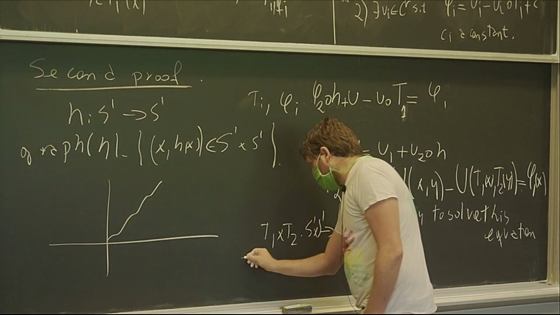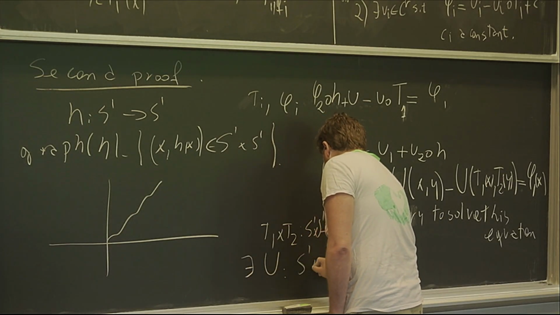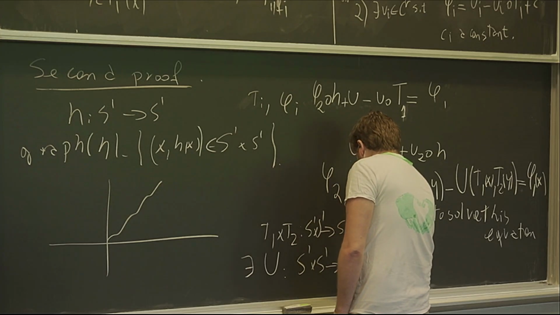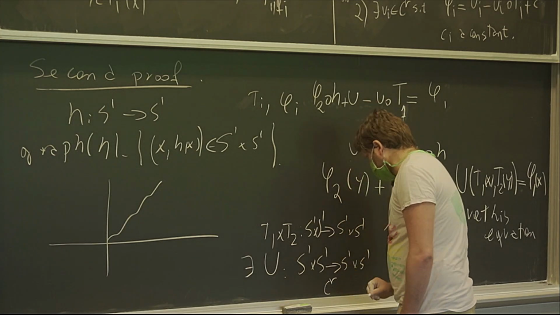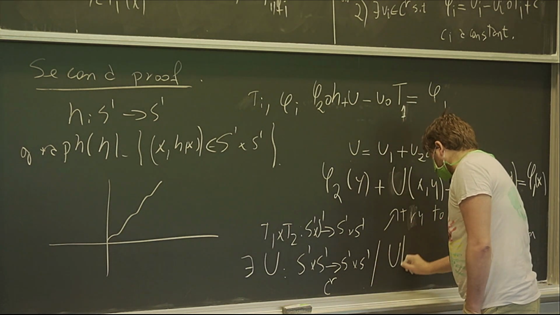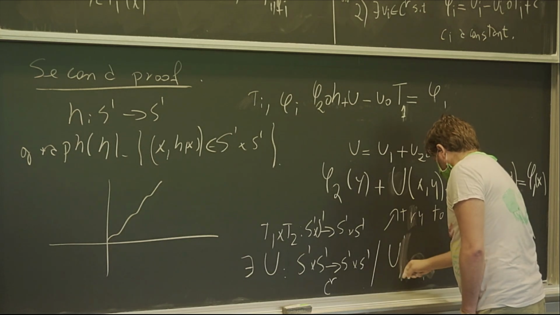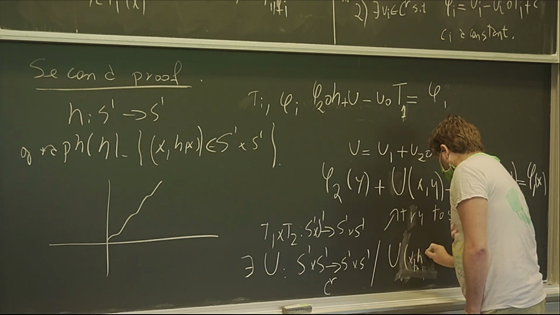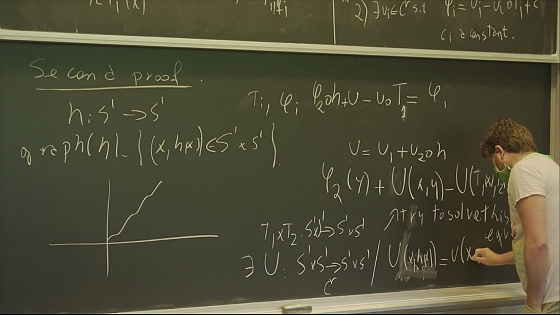I can show that there exists a function U from S1 times S1, C^r, such that when I restrict to the graph, U of (x, h(x)) is the given U of x.